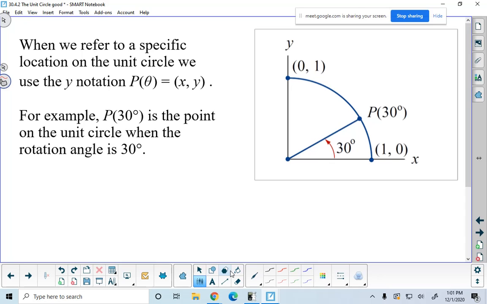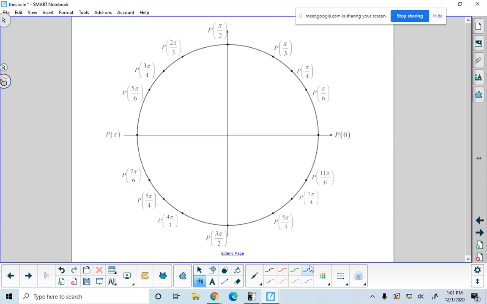It's simply the x and y coordinates of that point. So if I said to you, what is P of 0? You should know that it's 1 comma 0. I mean, we should know that because it's a unit circle we're looking at here. So that's what that notation means.